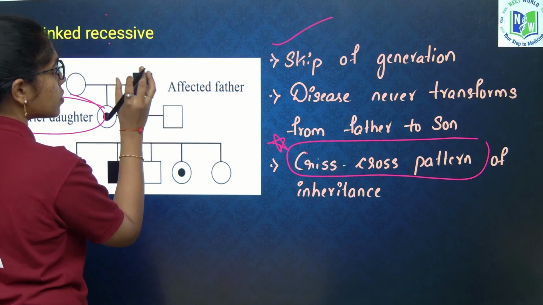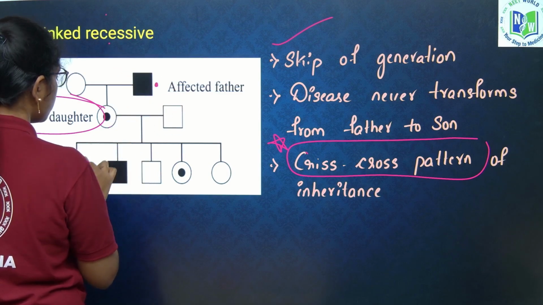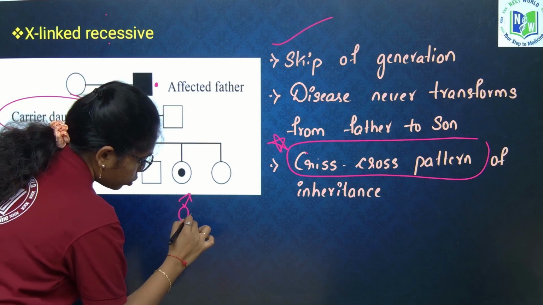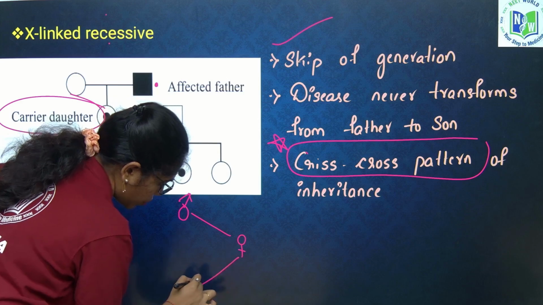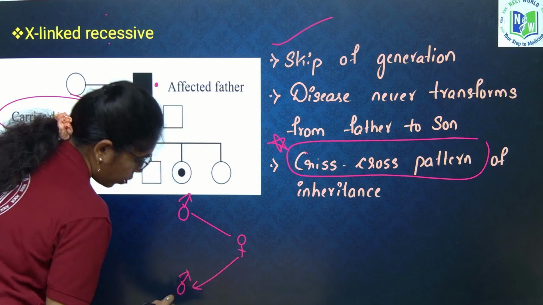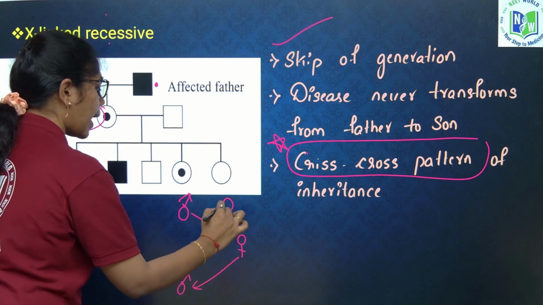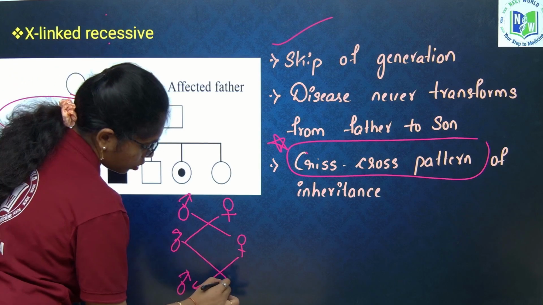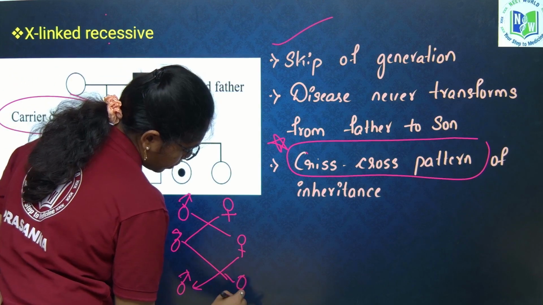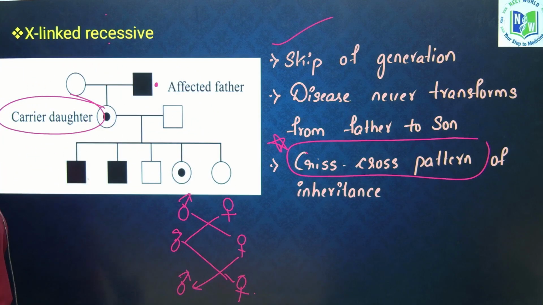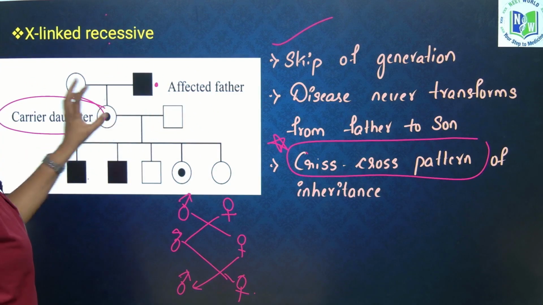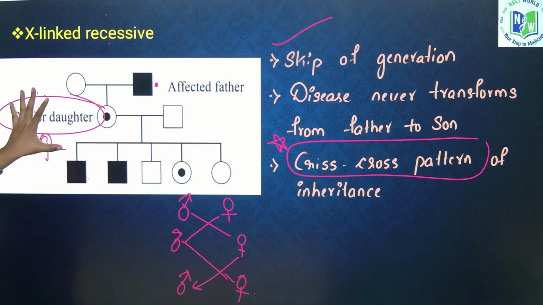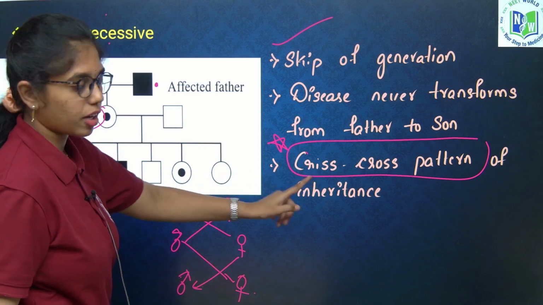The disease is transferred from affected father to grandson through a daughter. Sometimes from grandmother through son it is transferred to granddaughter also, but in most cases the highlighted point is that the disease is transferred through a carrier female, which is nothing but the criss-cross pattern of inheritance.